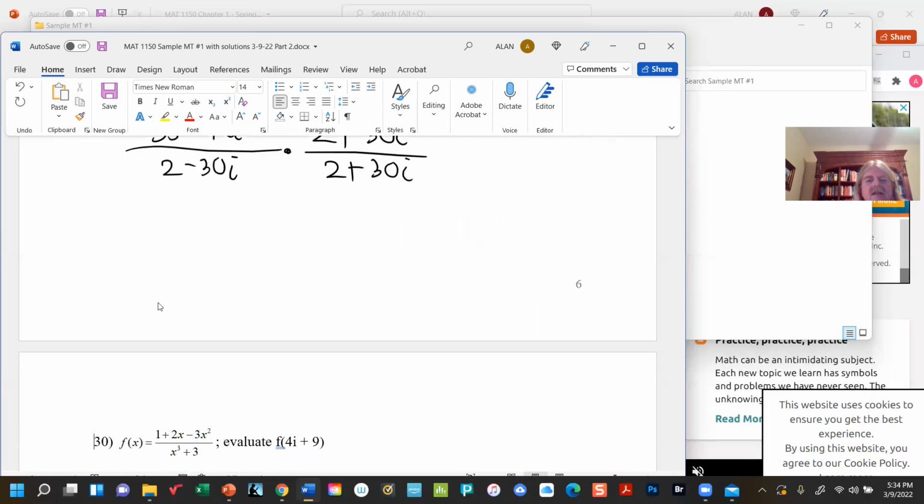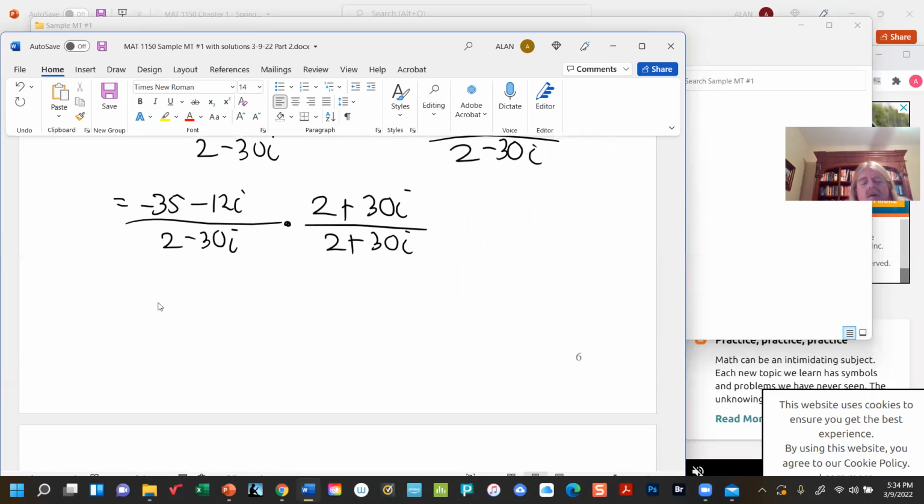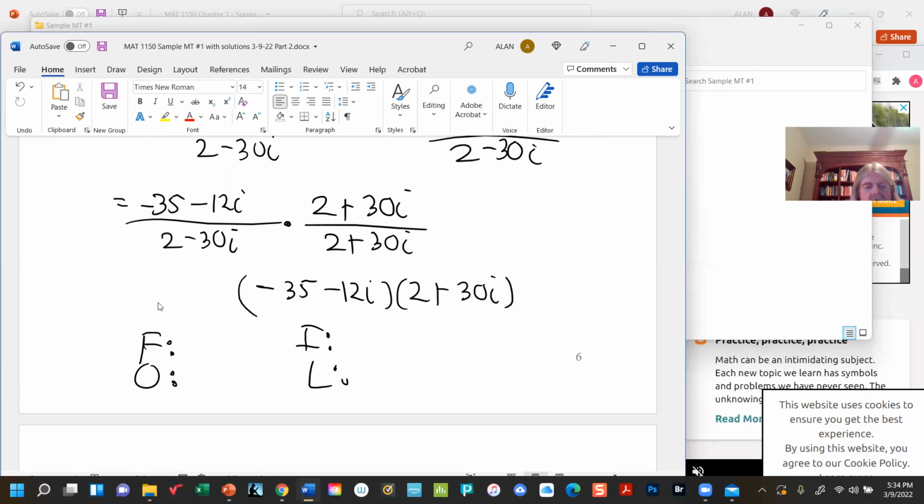And so when you multiply those out, in both cases you can use FOIL. Okay, so in this case, let's see what you get. All right, here's the first, minus 70.